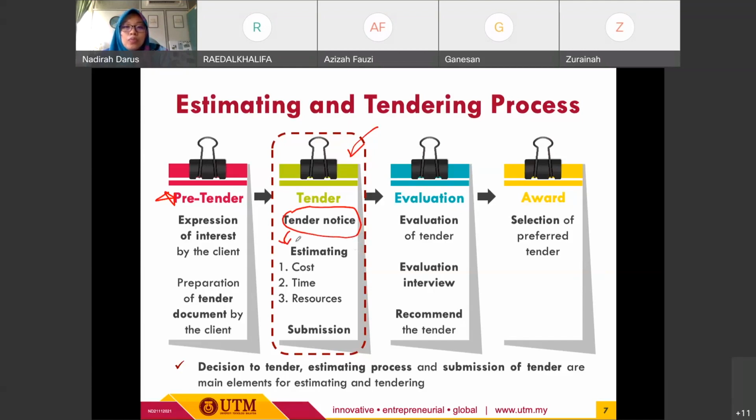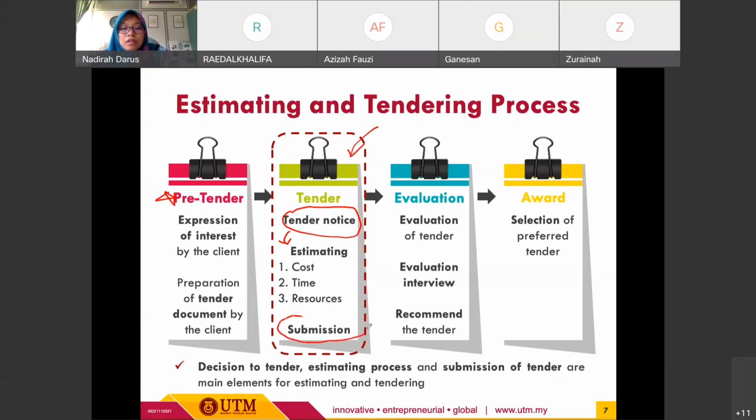They need to prepare the cost estimation for the tender stage. This estimation will cover the cost, time, and for sure the resources, including the materials, the manpower, and also the method of work. All of this will be prepared, and the necessary calculations will be provided by the estimator.